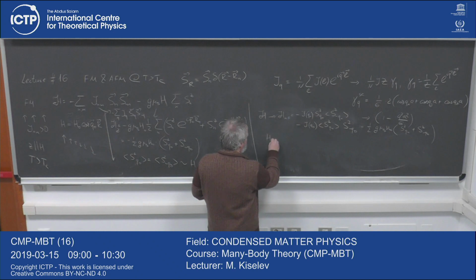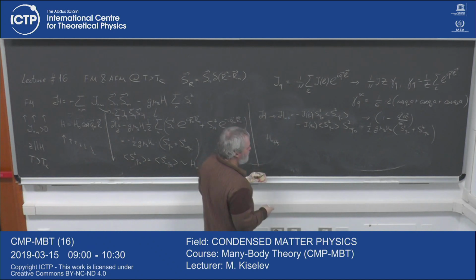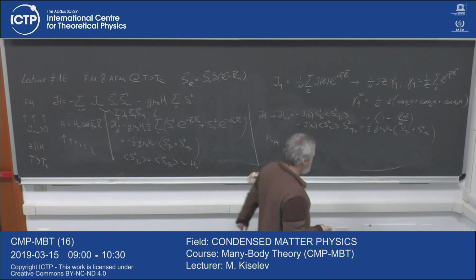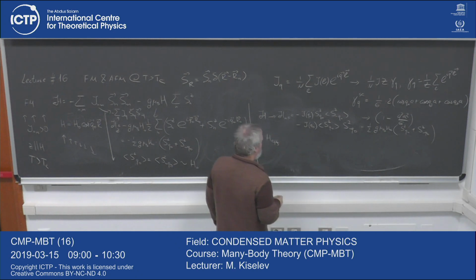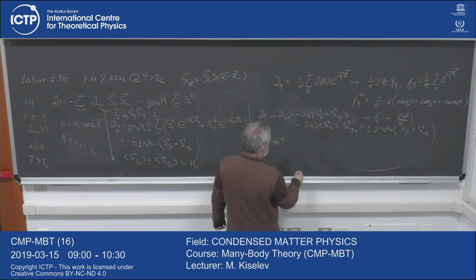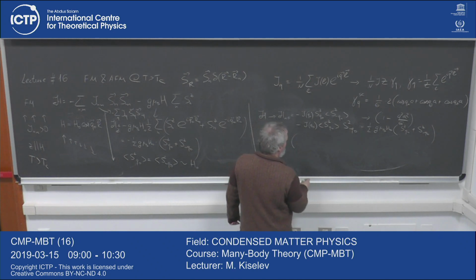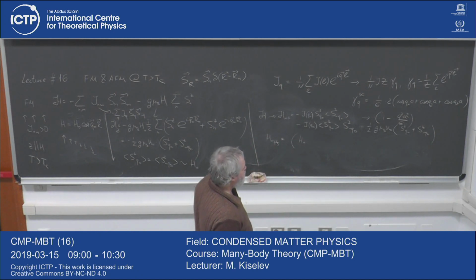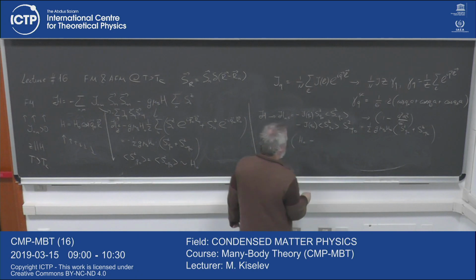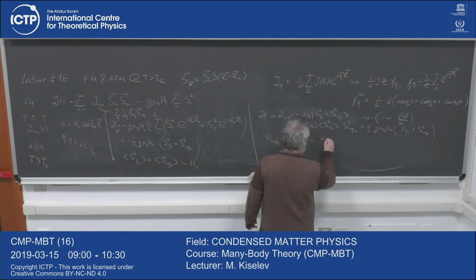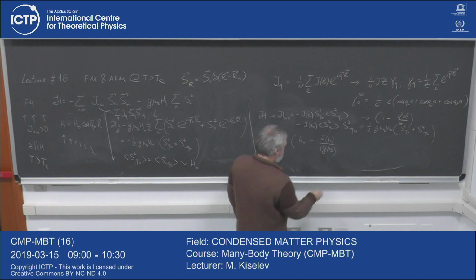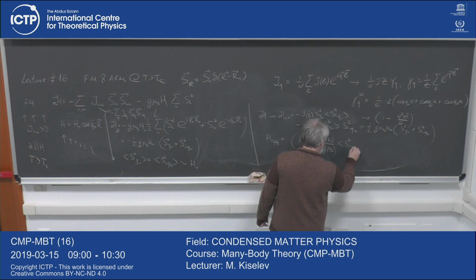So I'm saying that the effective field which acts on the spin S^z(Q_0) is H_0 plus, namely minus, G(Q_0) divided by g mu_B times the average S^z(minus Q_0).